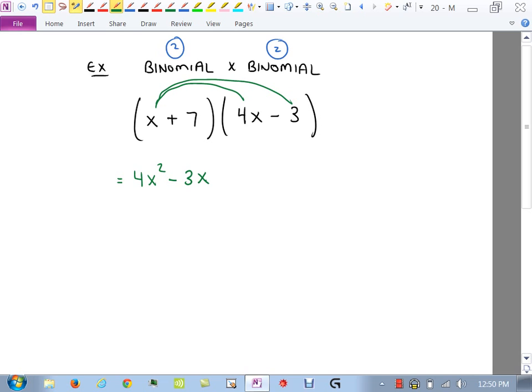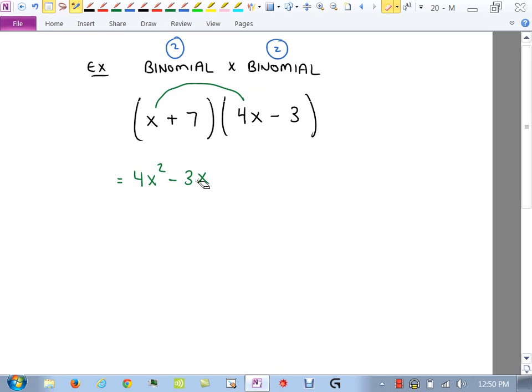Now, we have not done anything with the 7 yet, right? So now what we're going to do, after we've done the x, we've already passed that x through, we are now going to act like the x isn't there, since we've already used it. And we're going to act like the 7 is our monomial on the outside, and we're going to pass the 7 through now. Okay?